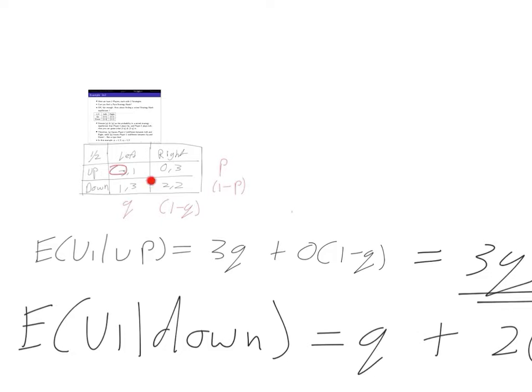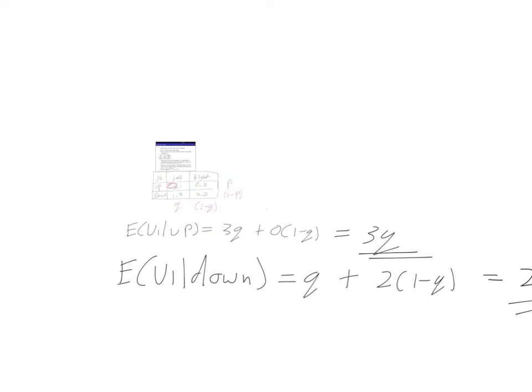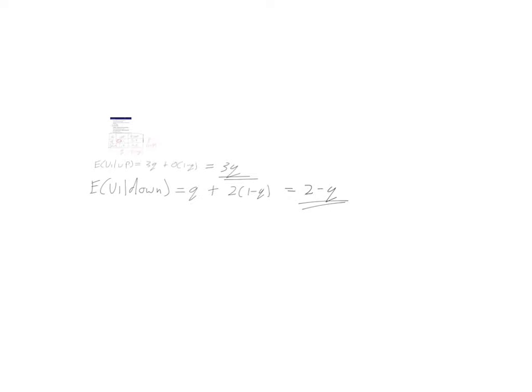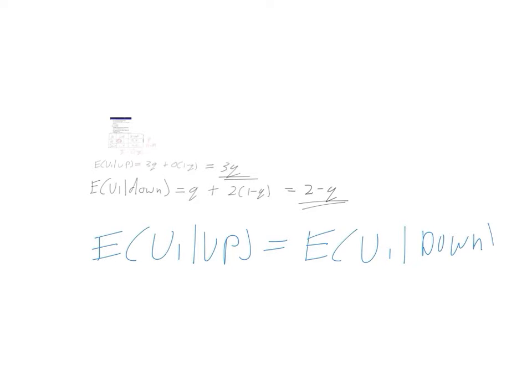If we say player 1 is definitely playing down, then player 1 is going to get a payoff of 1 with probability q and a payoff of 2 with probability 1 minus q. So this is the expected utility of player 1 given that she is playing down. Then you just set them equal, and you just solve for q.